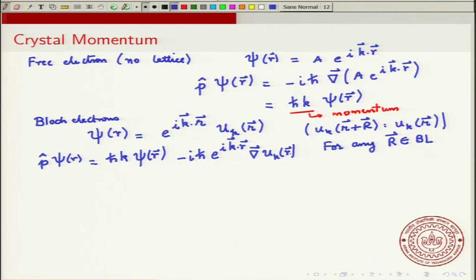The point I am making is that psi of r is not an eigenfunction of momentum.